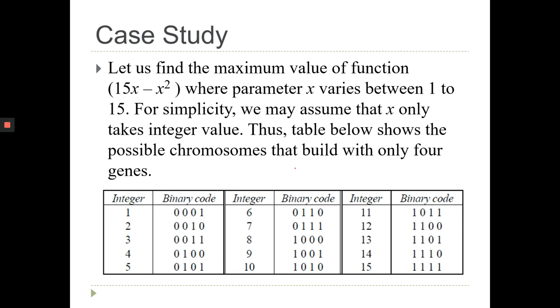You have to initialize the chromosomes, initialize the population size, identify the fitness function, and find the range of the data for X. So in this problem, we find the maximum value of this function. So we have f of X.